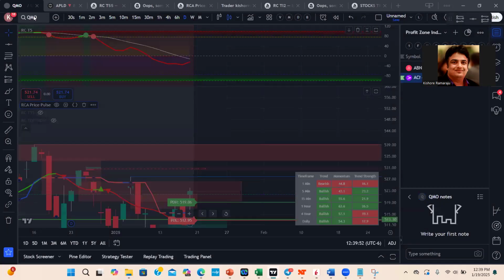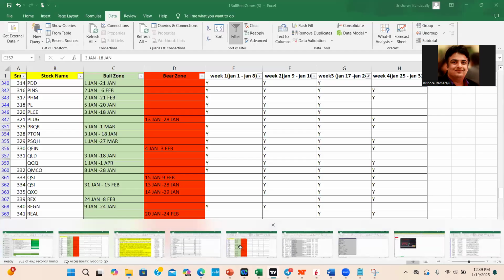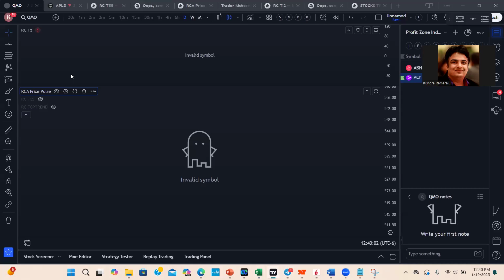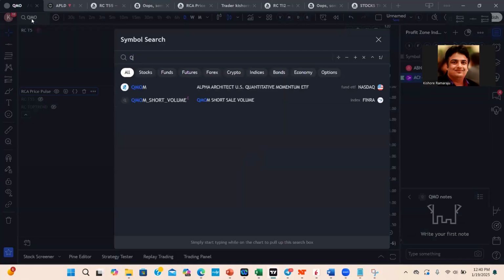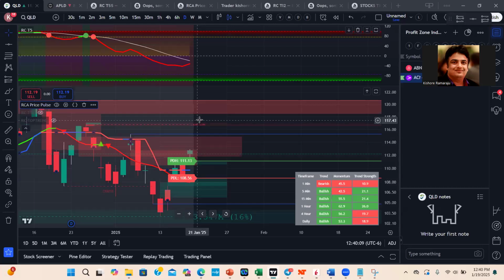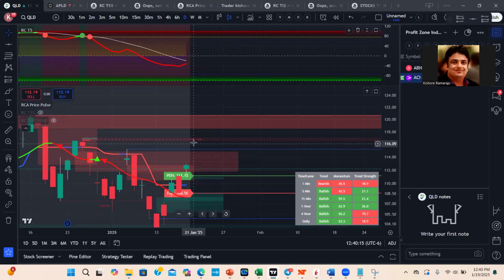And then QMCO, QLD. QLD is very bullish. 3.5 million started going up. It can go all the way, minimum till 116.